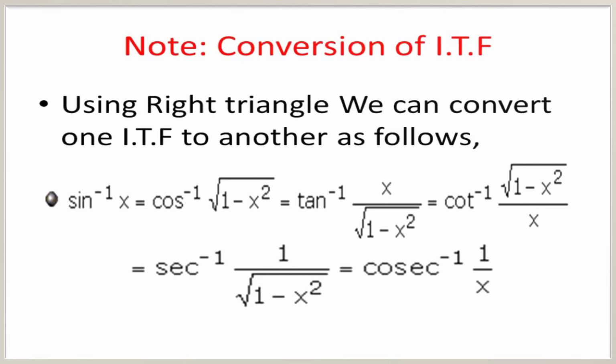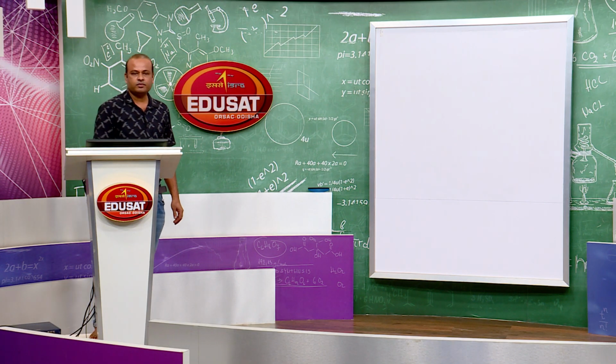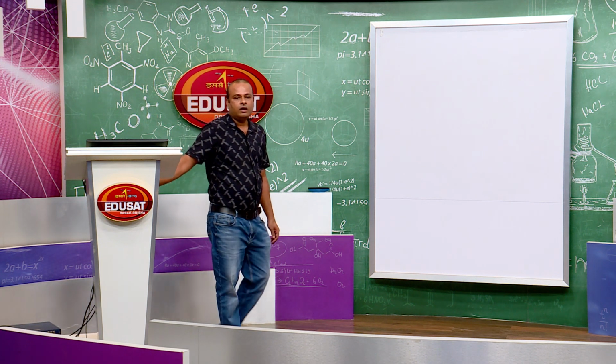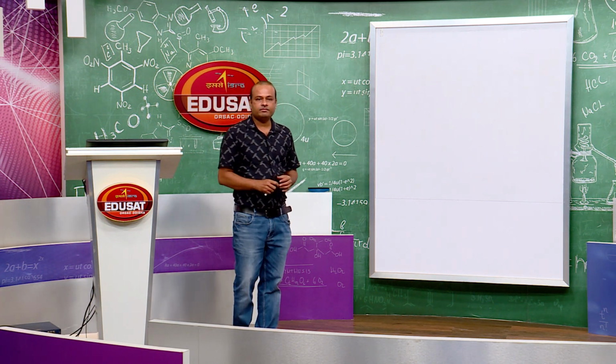Suppose sin inverse x, you can write it as cos inverse root over of 1 minus x square, which is equal to tan inverse x by root over of 1 minus x square, which is equal to cot inverse root over of 1 minus x square by x, which is equal to sec inverse 1 by root over of 1 minus x square, which is equal to cosec inverse 1 by x. These formulae are used for the solution of different problems.